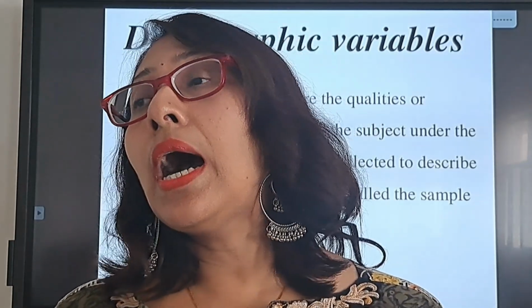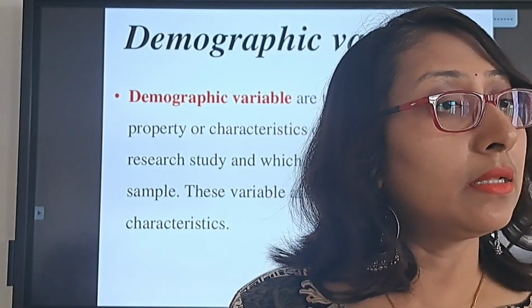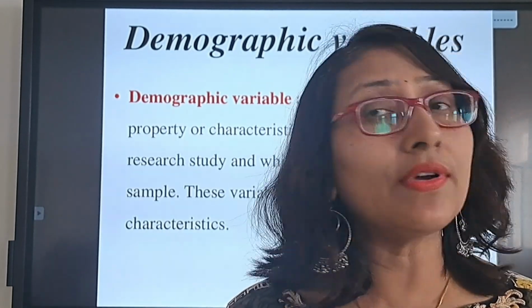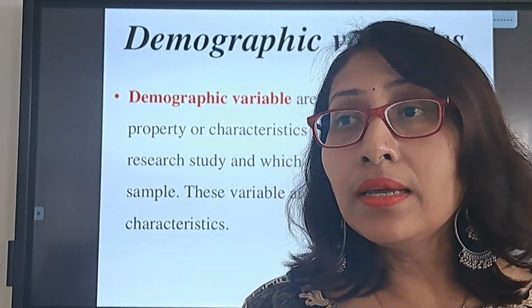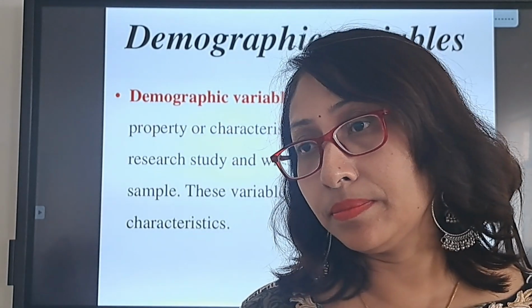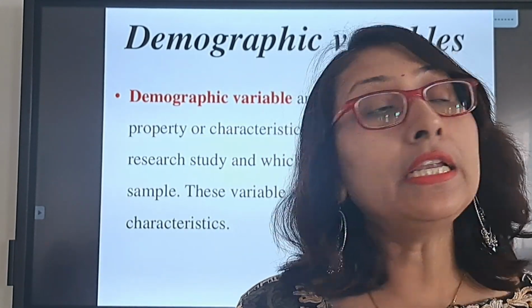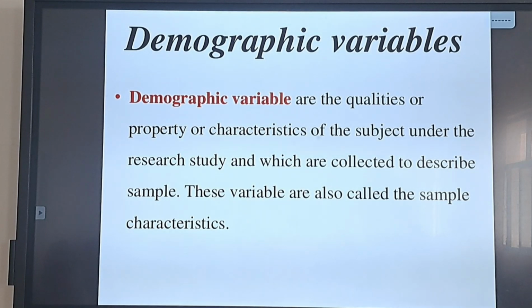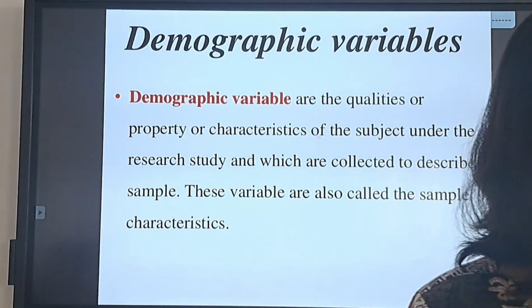If you ask the age of the sample, 14 years, 13 years, 20 years, 25 years, 40 years, 45 years. This is the property or characteristic of the sample. Individual to individual, it will keep varying. That is what demographic variables are, and these variables are also called the sample characteristics.